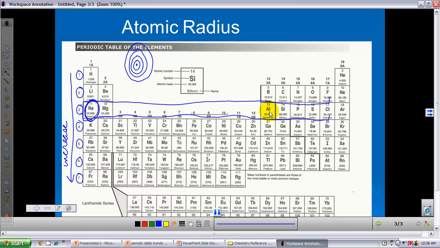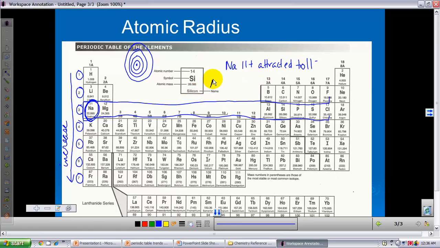But if you go all the way over to the other side, you'll notice that argon has 18 protons and electrons. Now the attraction in sodium is 11 protons in the nucleus attracted to 11 electrons out in the shell. That's a pretty good attraction.